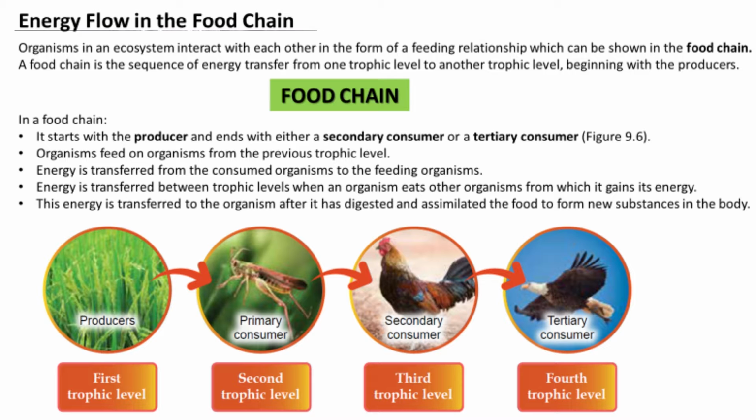Energy is transferred between trophic levels when an organism eats other organisms from which it gains its energy. This energy then will be transferred to the organism after it has digested and assimilated the food to form new substances in the body, for example, glucose.